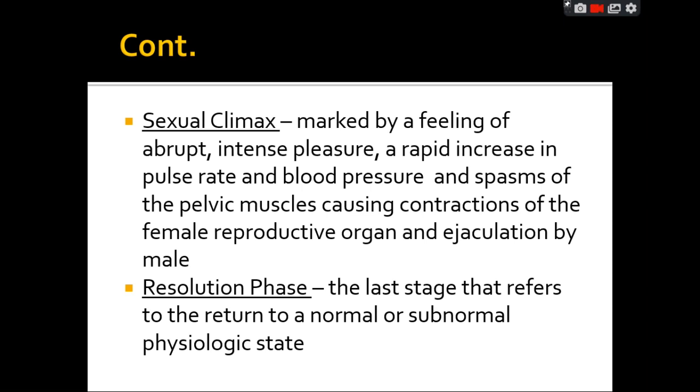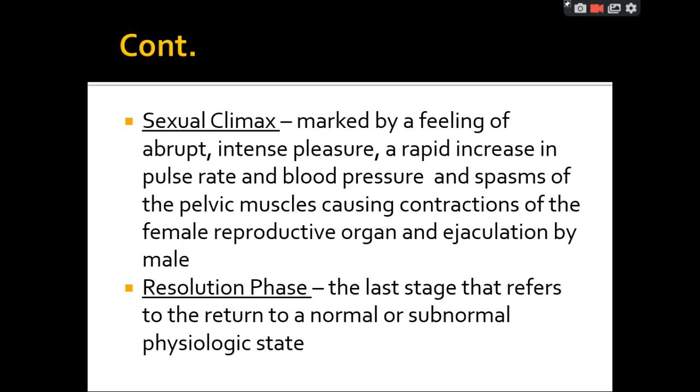Okay. Now, after the sexual climax, it will lead to the resolution phase, although there is a slight difference in this phase between male and female, because for female, there might be an occurrence of multiple orgasm, or females might not experience sexual climax at all and they will lead already to the resolution phase.